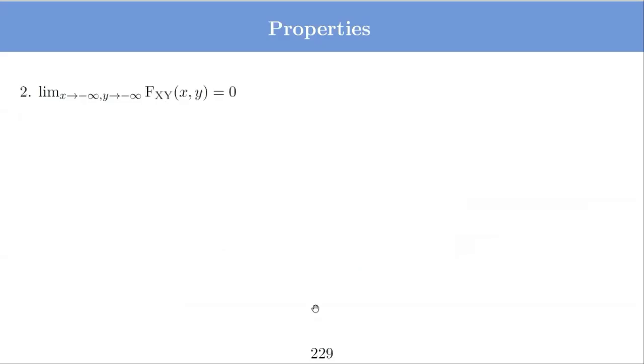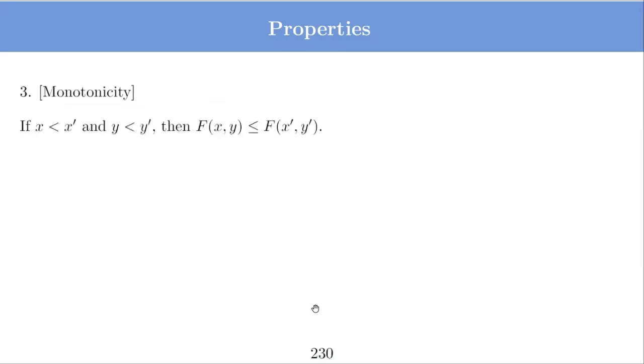Similarly, if x and y both move to minus infinity, eventually the set (minus infinity, x) cross (minus infinity, y) will not have any outcomes in the pre-image. So the probability would be 0, hence the CDF will also be 0.